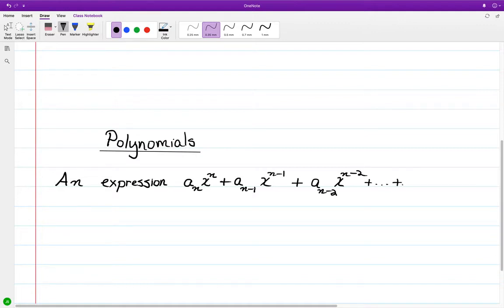And we have plus, and say we just get this down to a of 1, x to the first, and we have plus a naught. And this expression is going to be a polynomial if two conditions are met.